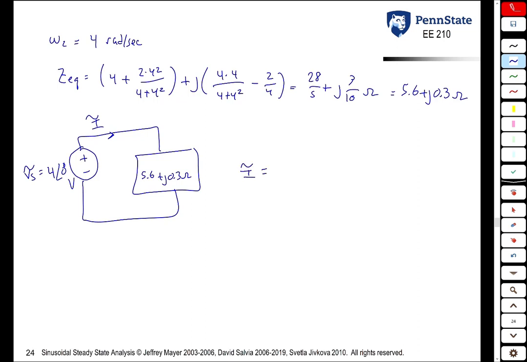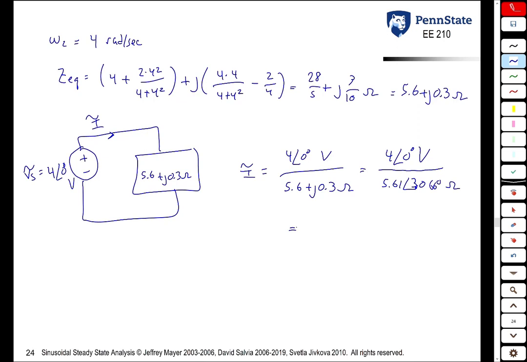So I tilde is 4 at an angle of 0 volts divided by 5.6 plus j 0.3 ohms, which you can either do on your calculator directly if it can handle complex numbers, or if it can't, you need to convert 5.6 plus j 0.3 to its polar equivalent. And then you divide the magnitudes, subtract the angles.